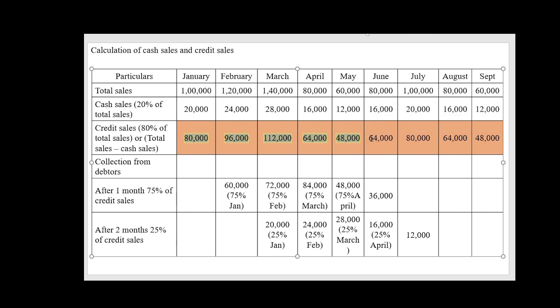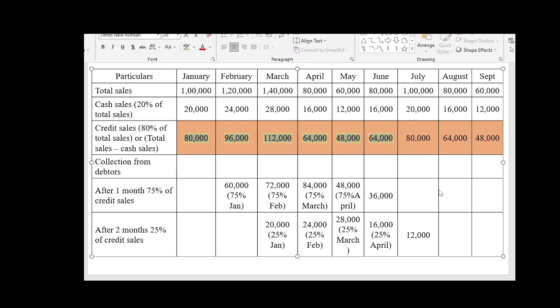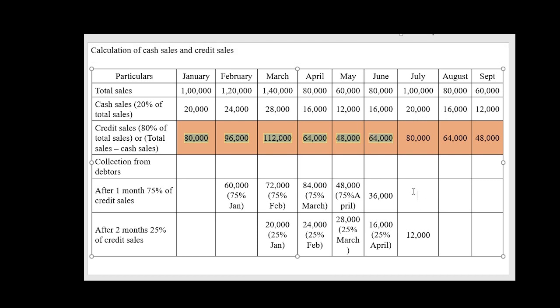June's sales are 64,000. Now, of this, 75% will be 48,000. You will receive it in the month of July. Then 25% of it, that is 16,000, you will receive in the month of August.